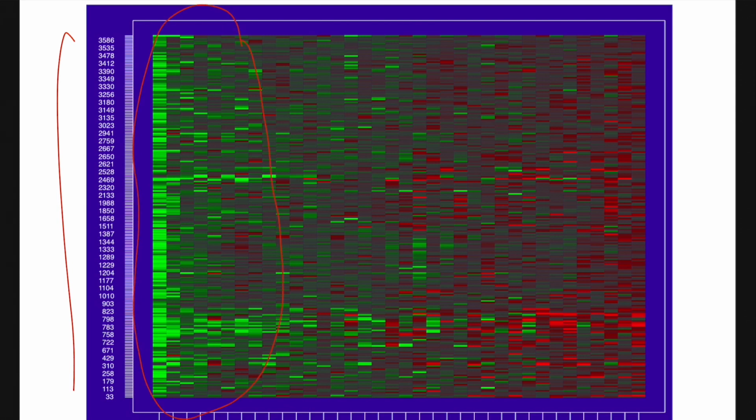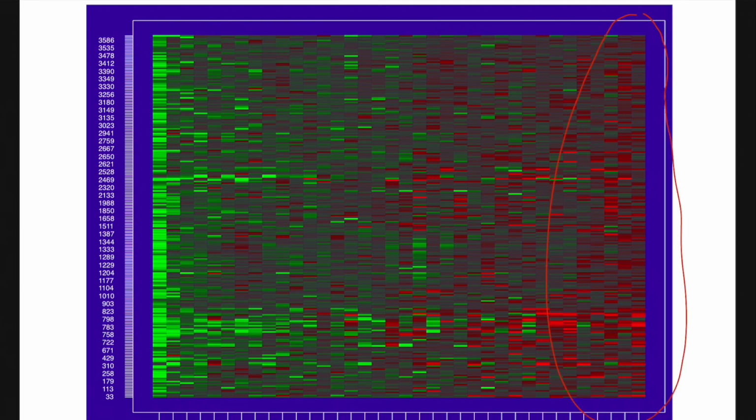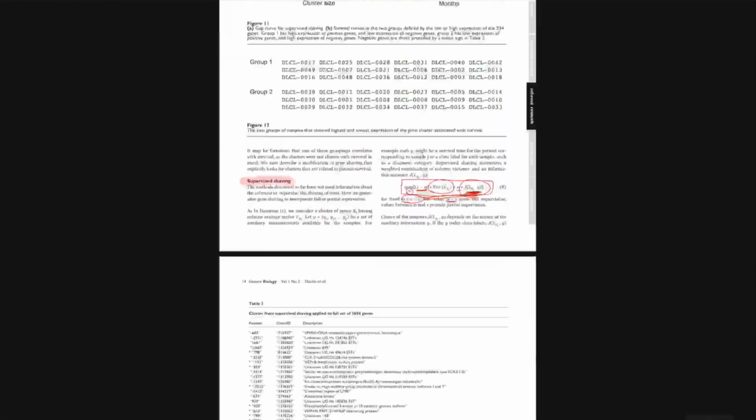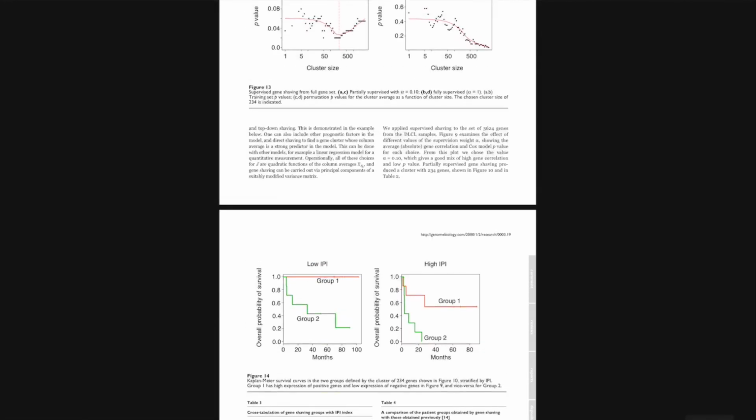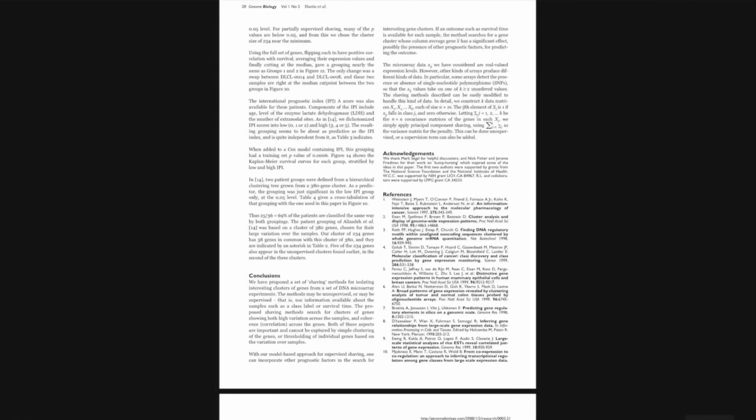But the point is that it still preserves some of the properties, meaning the genes are relatively correlated and have a high variance of the mean. The point is that these genes are relevant for our task. And this is a supervised way of obtaining things.